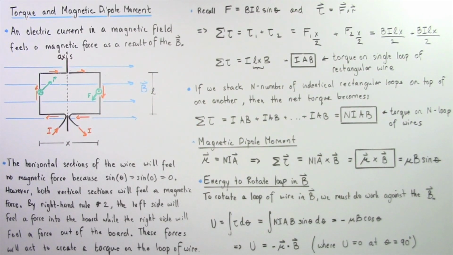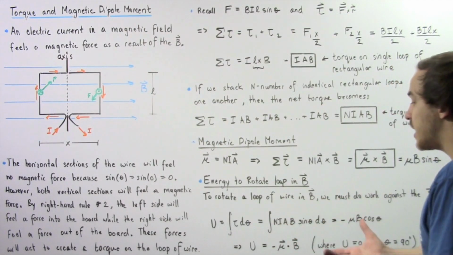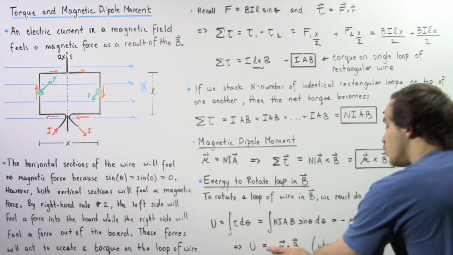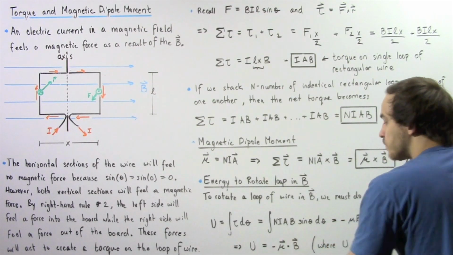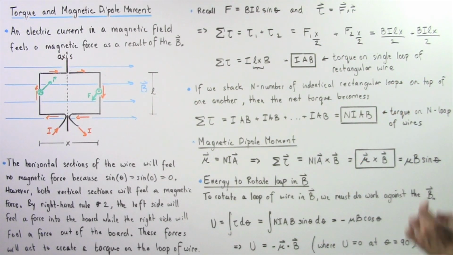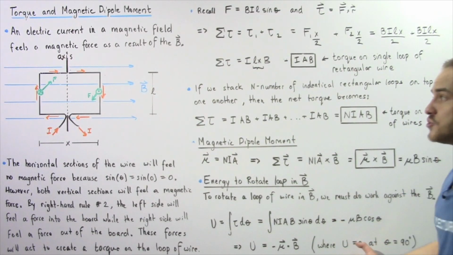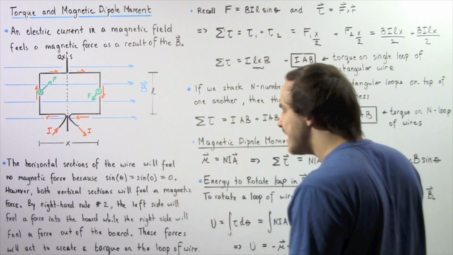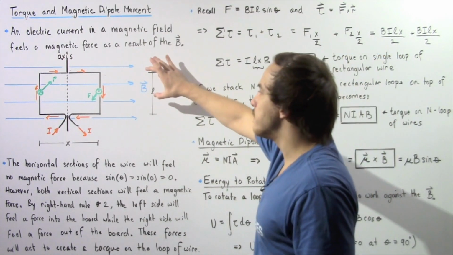So we see that our quantity of energy stored within our loop is equal to the negative of the dot product of our magnetic field and our magnetic dipole moment. So notice we choose our potential energy inside our loop to be 0 when the angle is 90 degrees with respect to our magnetic field.